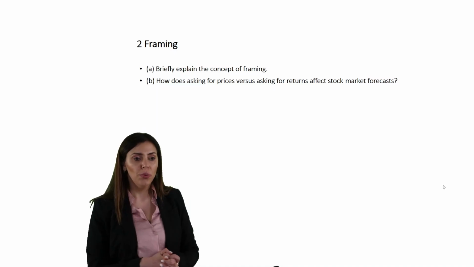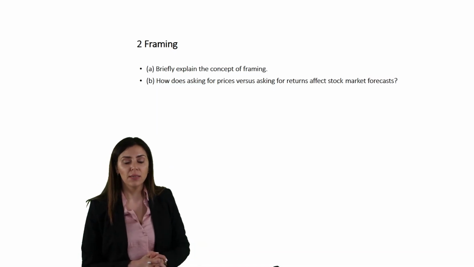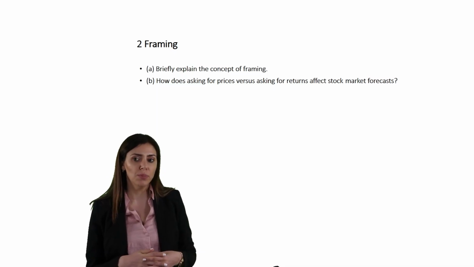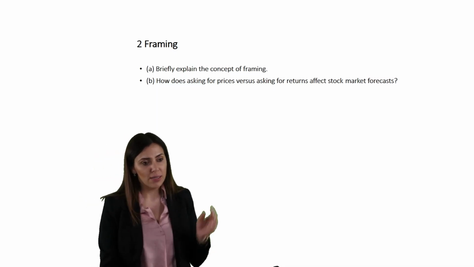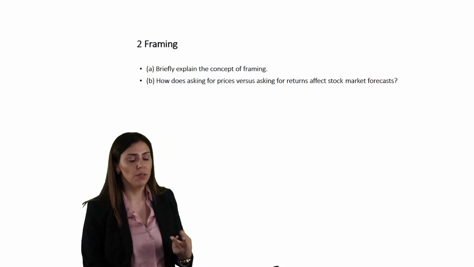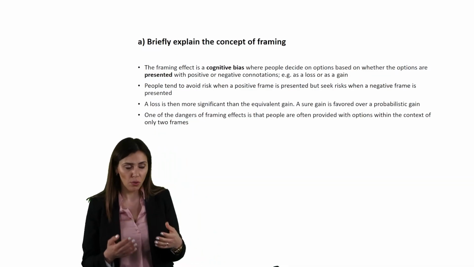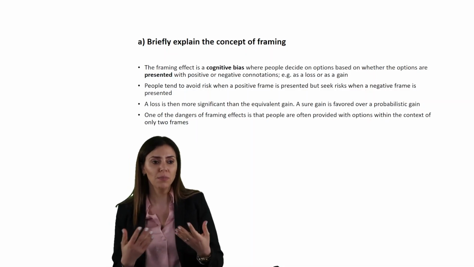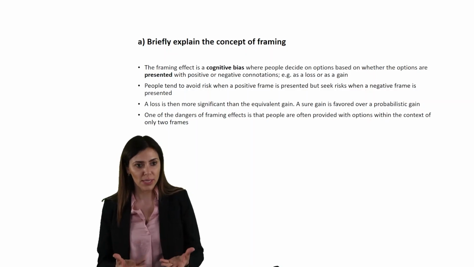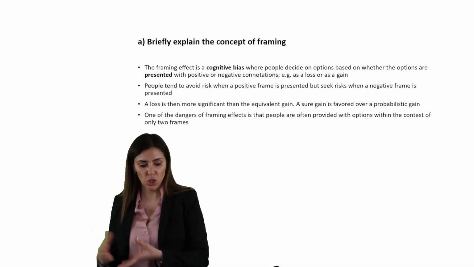In exercise 2, we're going to discuss the framing bias. In the first part of this exercise, we are asked to briefly explain the concept of framing. We've just discussed a situation where framing is presented when two identical pairs of gambles or outcomes have the same probabilities, but they are presented in different ways, in order to influence our preferences towards some decision.